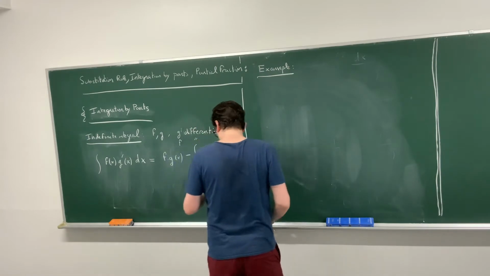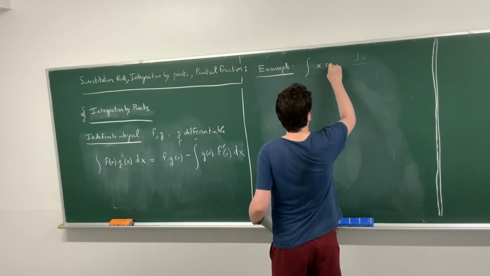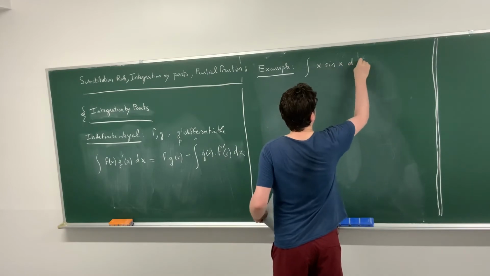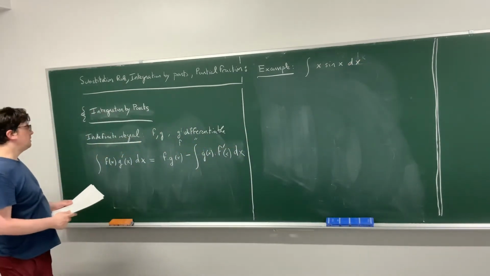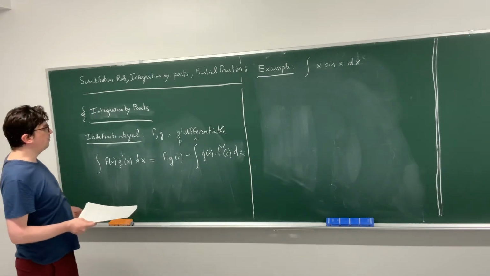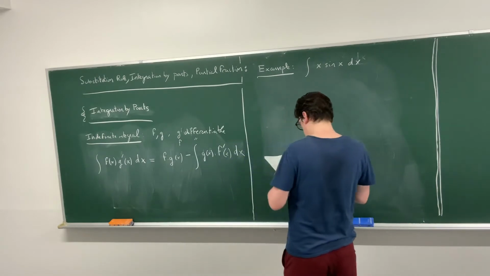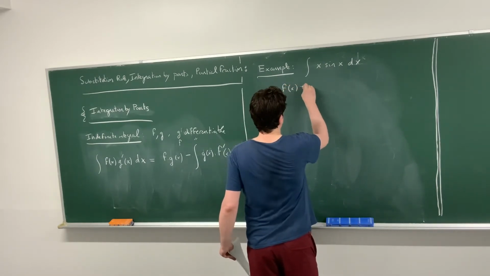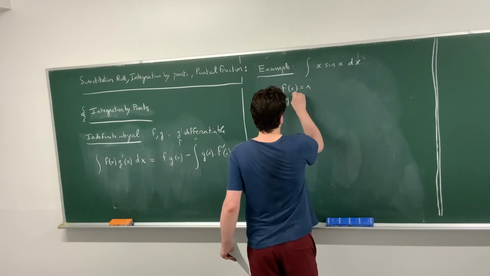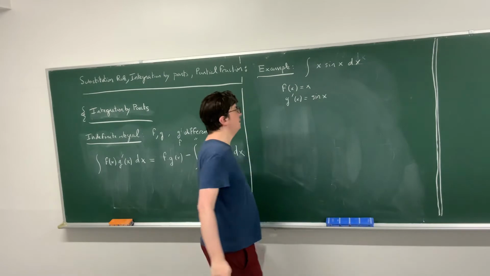Let's say that I want to calculate the antiderivative of x sine x dx. This is definitely a case where I know both antiderivatives. So here I'm going to consider f of x as x, and g prime of x as sine of x.